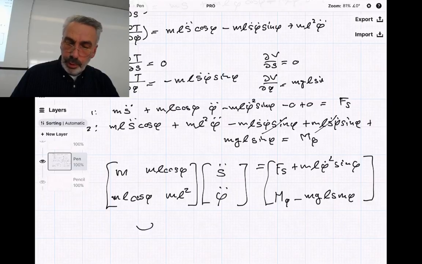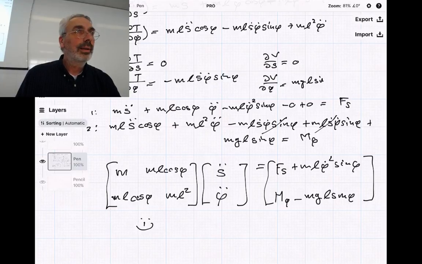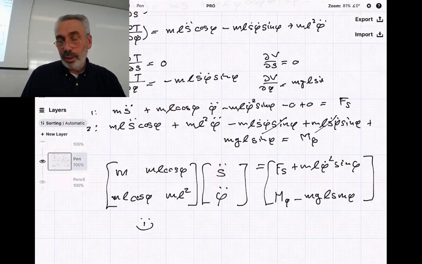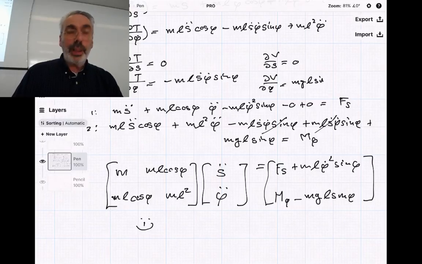Yeah, I'm happy when I see this. Why am I happy? It's symmetric. I expect it to be symmetric, and it is symmetric. Moreover, I see terms which I recognize, like mass times acceleration, and here mass moment of inertia, m l squared times angular acceleration.